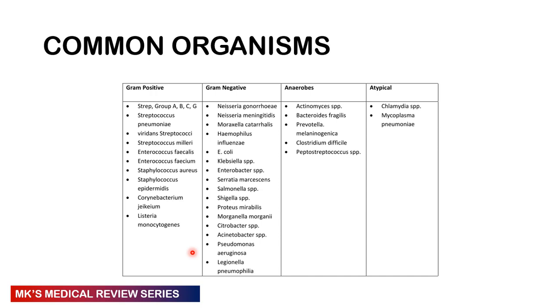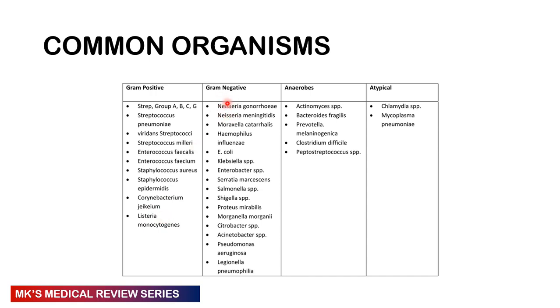Now, what are some of the common organisms that you need to worry about? Because we'll mention some of these organisms along the way. So, 4 main groups: the gram-positives, the gram-negatives, the anaerobes, and the atypical bacteria. So, the gram-positives: your Strep group A, B, C, and G, your Streptococcus pneumoniae, your viridans Streptococcus, your Streptococcus milleri, your Enterococcus faecalis, Enterococcus faecium, Staphylococcus aureus, Staphylococcus epidermidis, Corynebacterium, Listeria monocytogenes.